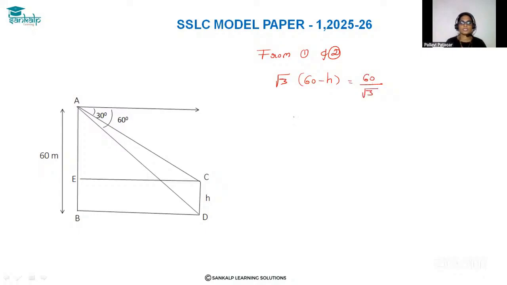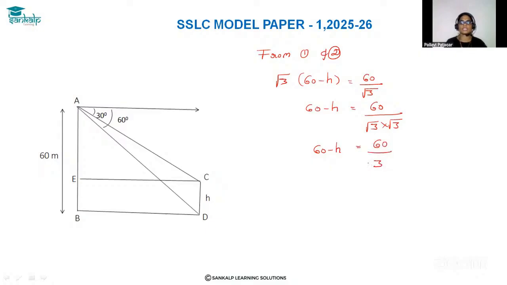So 60 minus H is equal to 60 divided by root 3 into root 3. Root 3 into root 3 is 3. So 60 minus H is equal to 60 divided by 3.